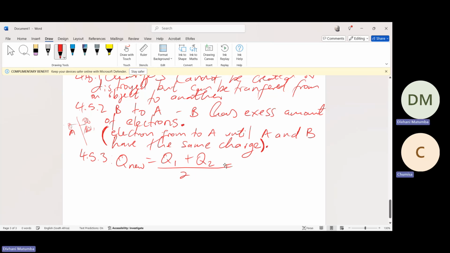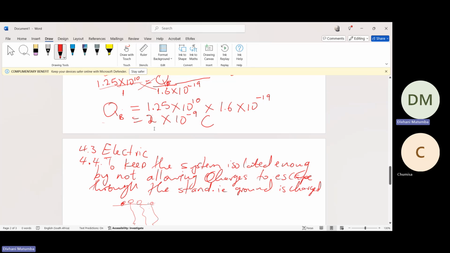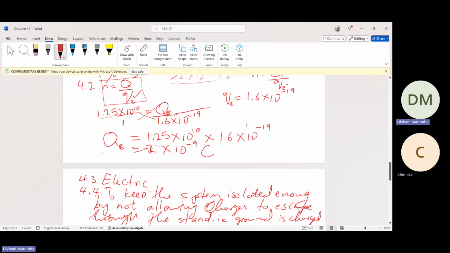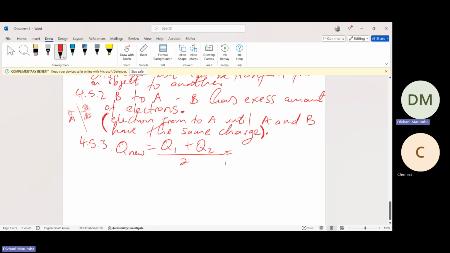Is this positive or negative? Negative, you agree? Because these are electrons.